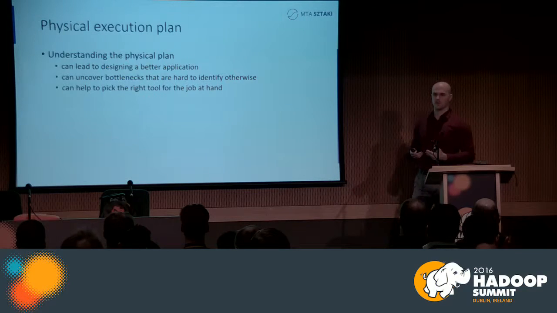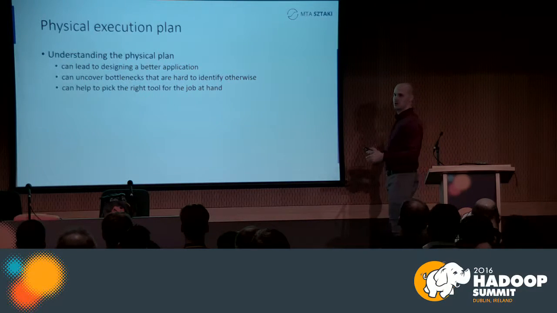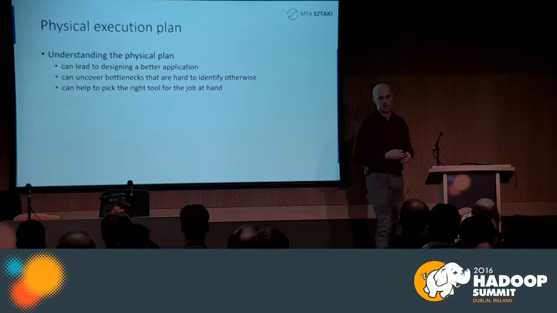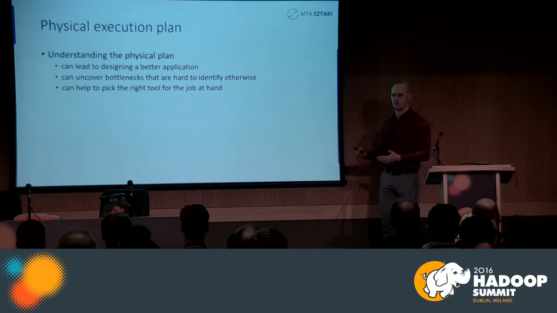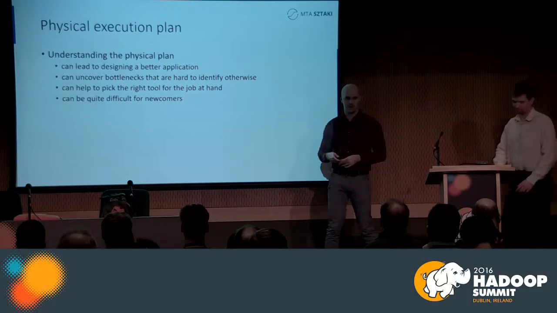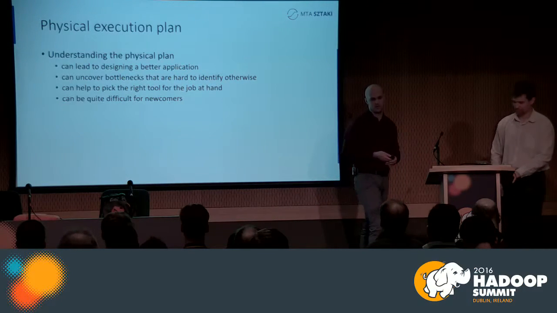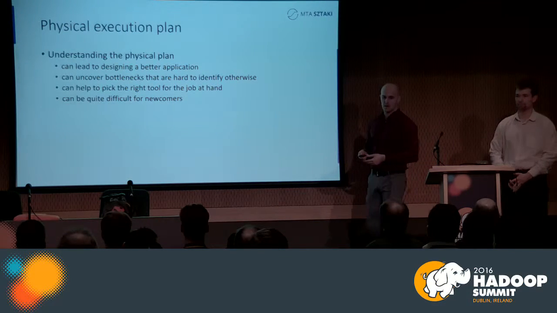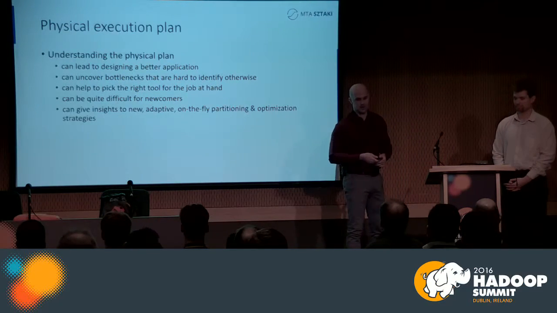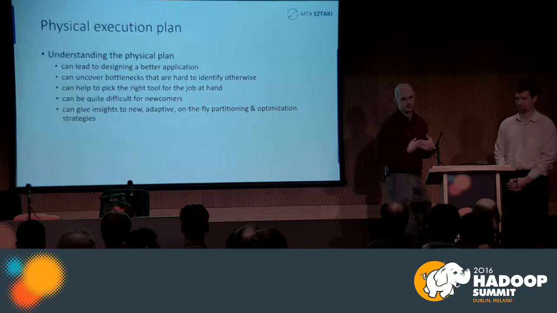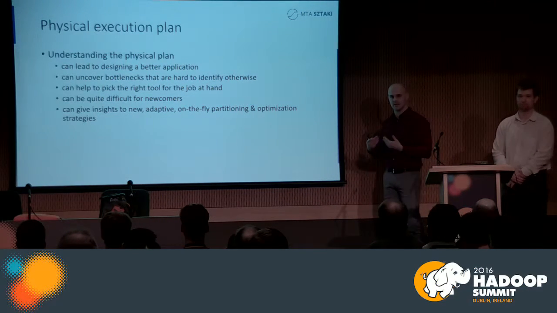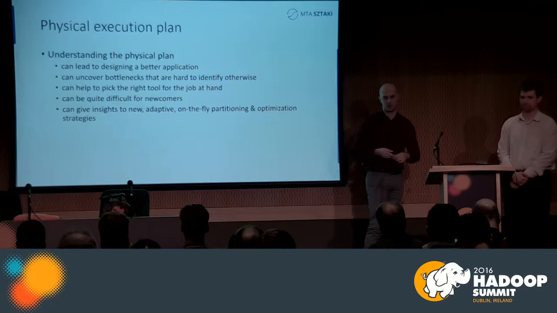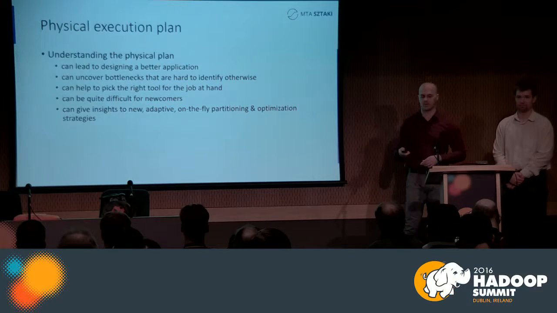It helped us to pick the right tool, right system, right data distribution system, or right API for the job that we have at hand. And we have also found out, as I've mentioned before, that it can be quite difficult for newcomers to understand. And we wanted to help ourselves by gaining insights into new adaptive strategies like on-the-fly partitioning and optimization mechanisms.